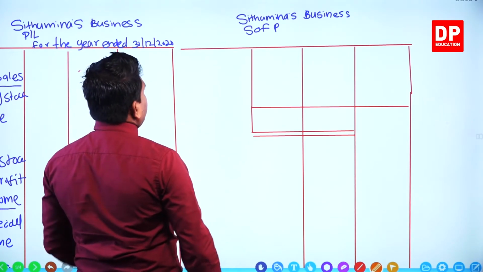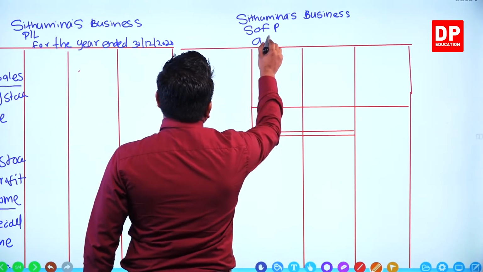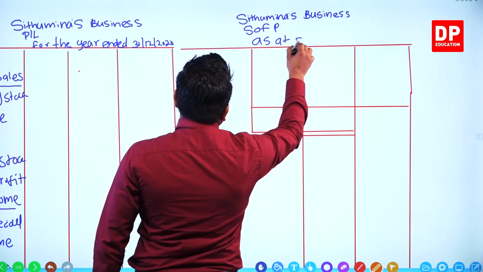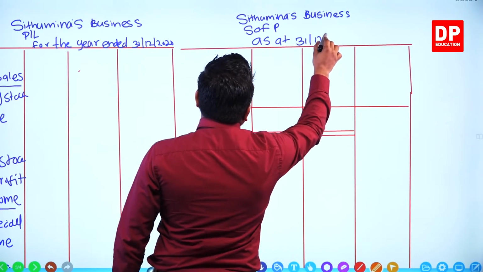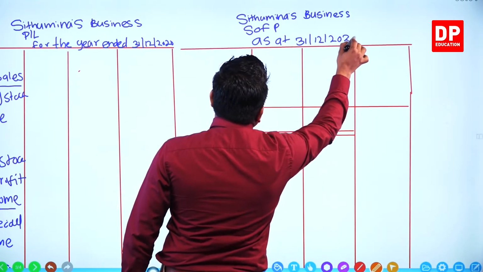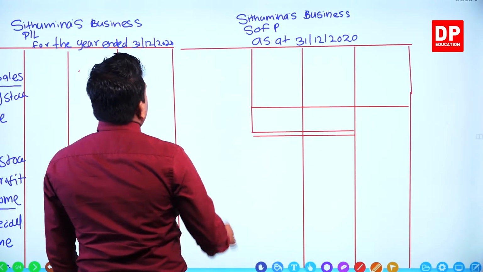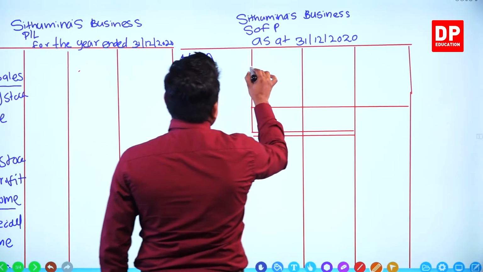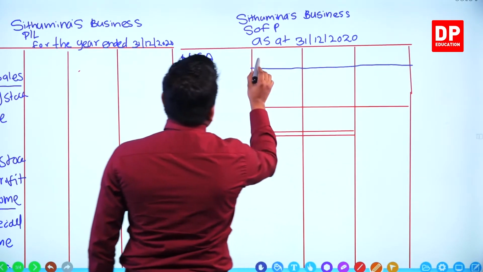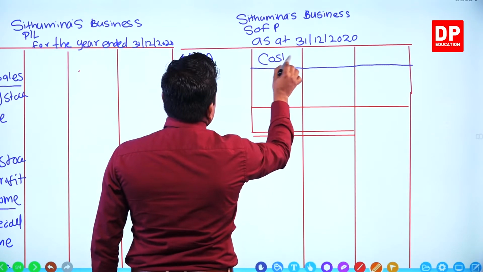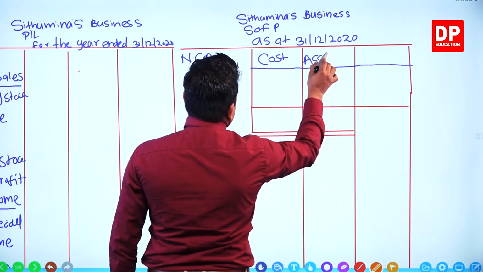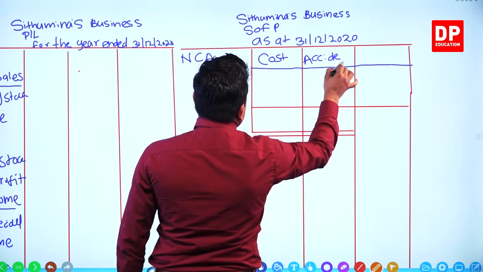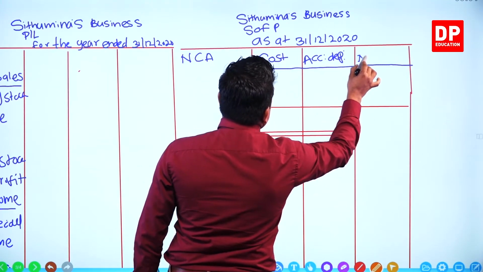Here you must remember this is not year ended, it is as at 31st December 2020. Then here we write non-current assets, NCA. After that, cost, accumulated depreciation, you know this well, net book value, NBV.